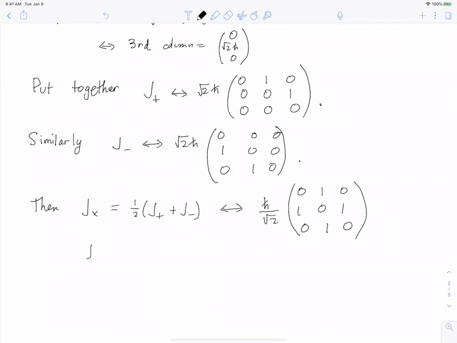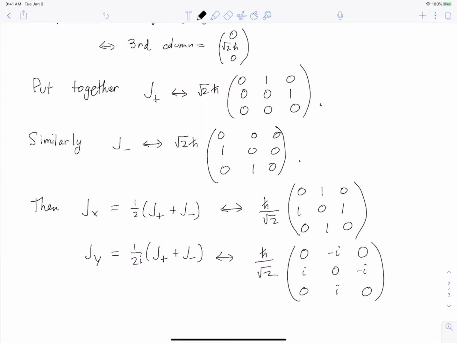And similarly, jy is 1 over 2i times j plus minus j minus. So that's represented by h bar over square root of 2, 0, minus i, 0, i, 0, minus i, 0, i, 0.